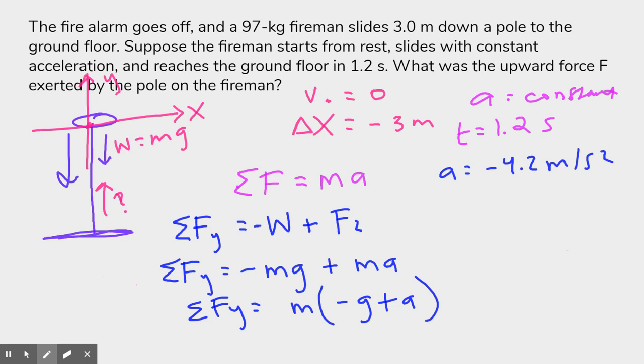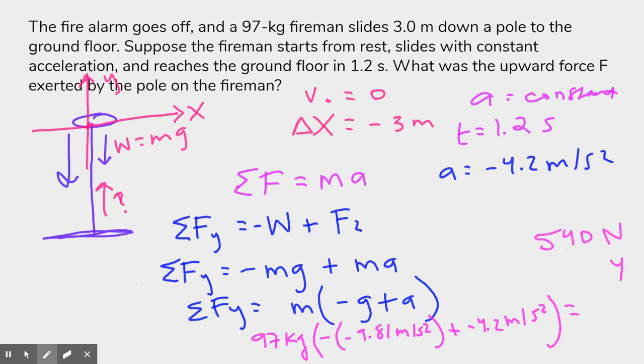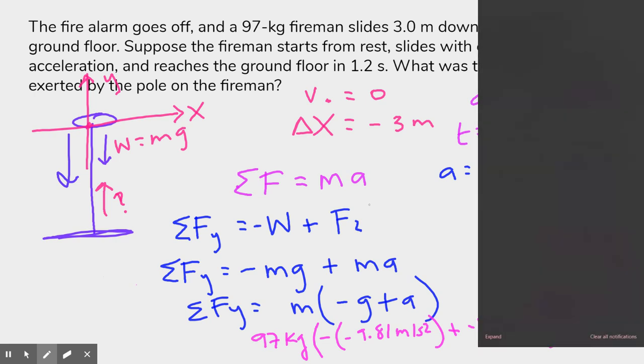And I can now begin plugging in my information. So when I actually plug in all of that information, I'll actually do this part because I think you're going to get very confused if I don't. 97 kilograms, minus, well, gravity is in the downward position, so it's 9.81 meters per second squared, plus our acceleration, which is a negative 4.2 meters per second squared, equals 540 newtons, and this is in the y direction only.